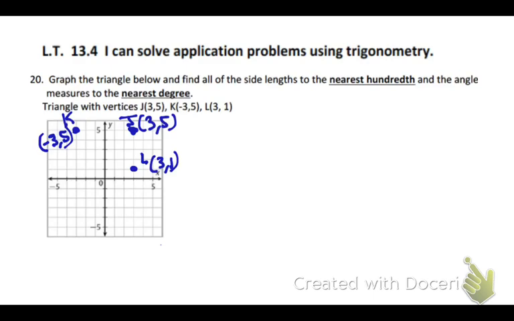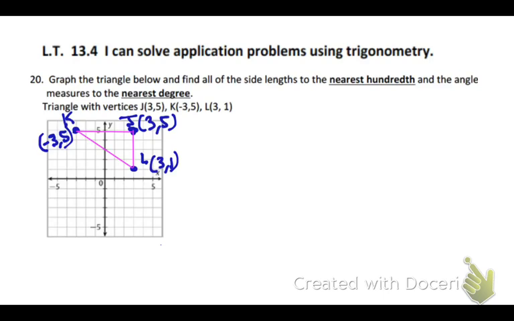So we make a nice triangle. All right. And then we basically need to find everything. So find all the side lengths and the angles. Okay, so you can tell it's a right triangle. So I'm going to go ahead and say that's a right triangle.